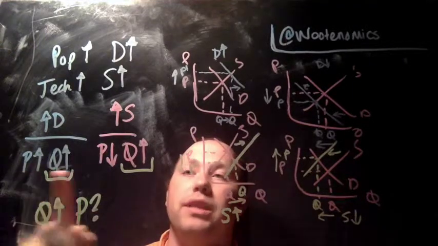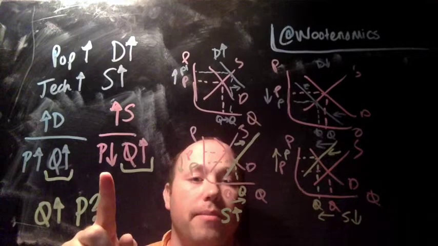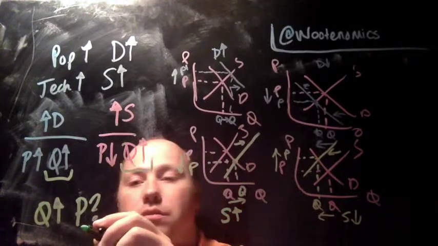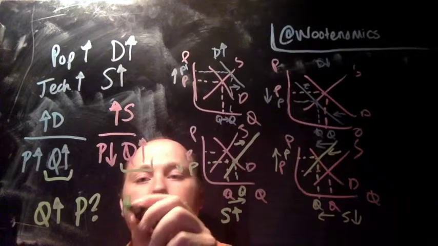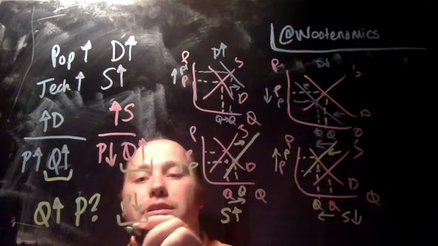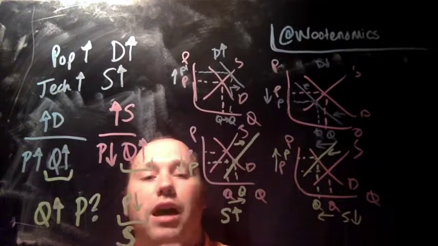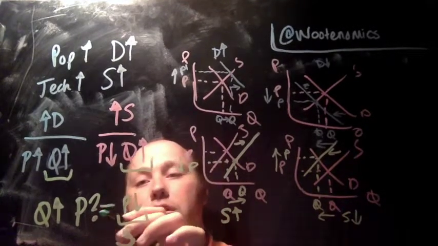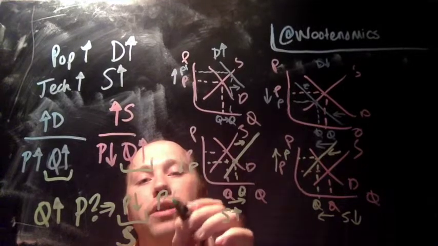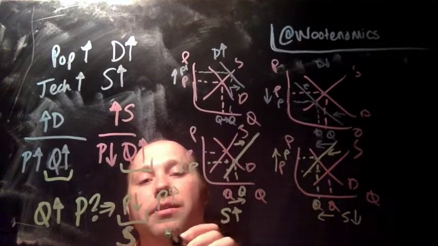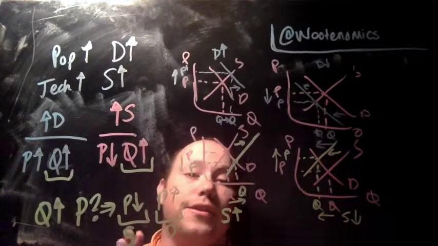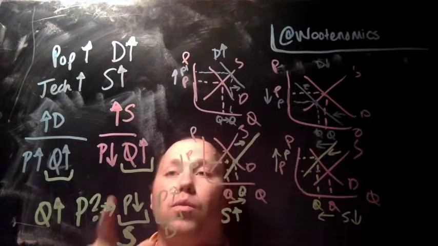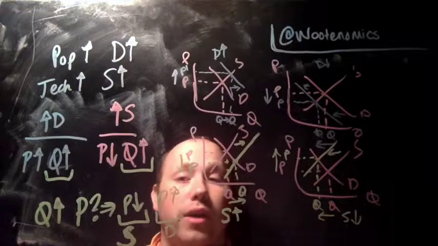It depends on the relative size of the supply and the demand shift. If the price goes down, that means that the supply curve dominated. There was a really large supply shift. If the price went up, then we say that the demand curve dominated. The demand shift was very strong, and it overwhelmed the decrease that we saw in price.